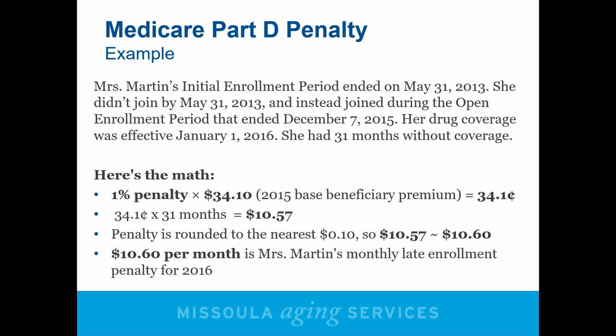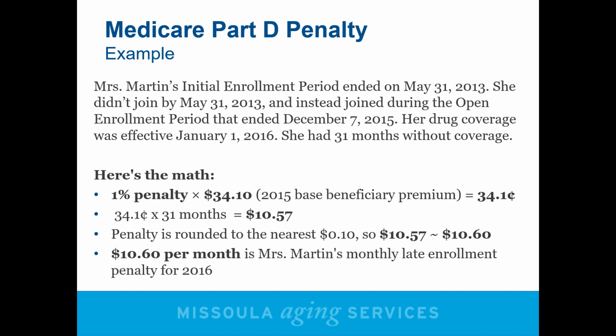So here's an example. Mrs. Martin went without coverage, so 1% for every month, 1% of the average, so 34.1 cents, so it went to $10.57.